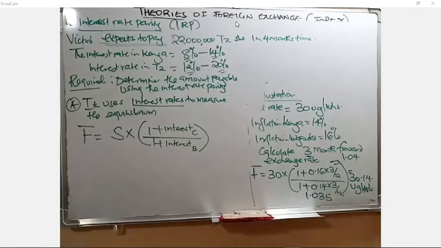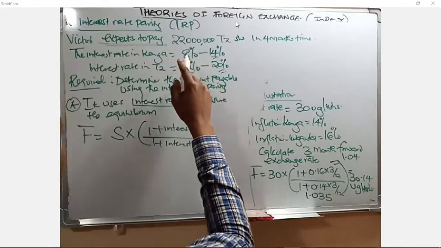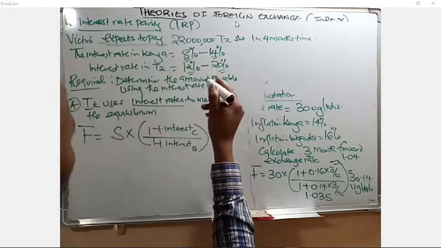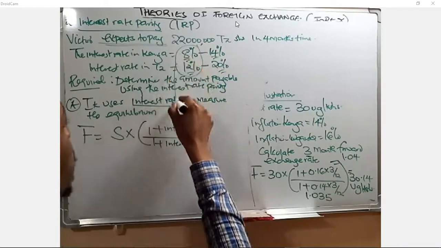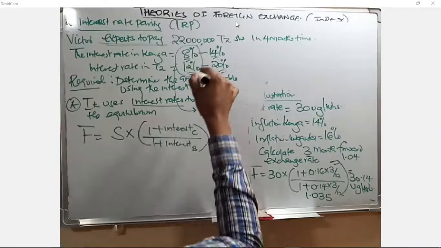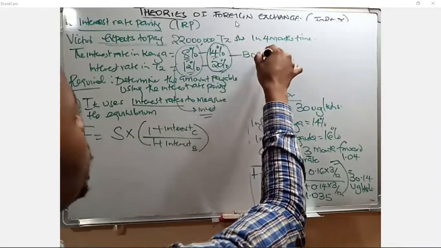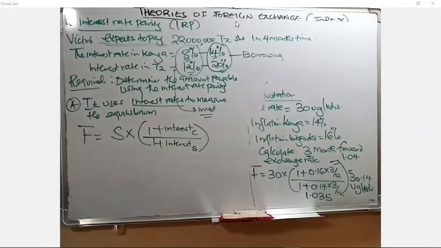The only question you are supposed to be posing here is about the interest rate given. Let me use my knowledge: the least interest rate, as we said yesterday, means those are for investment. These ones are for borrowing.